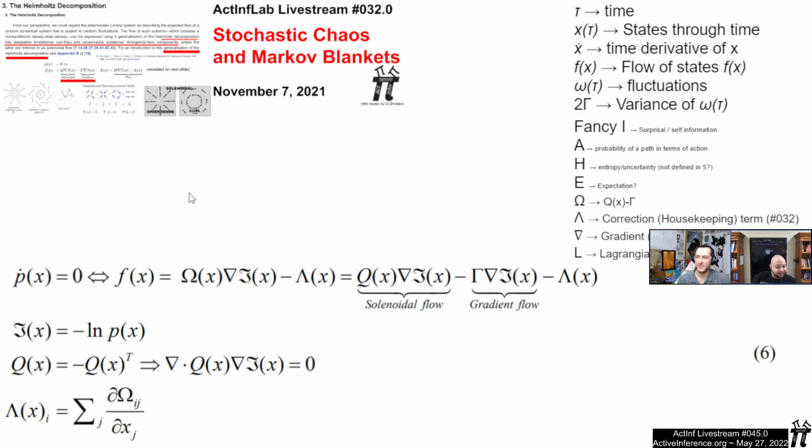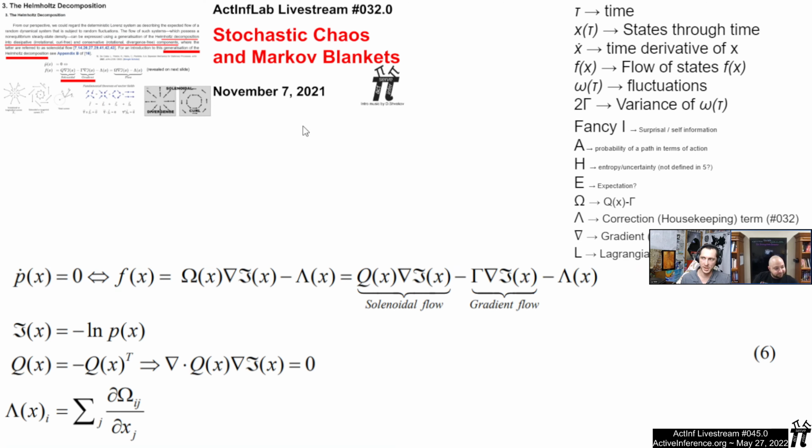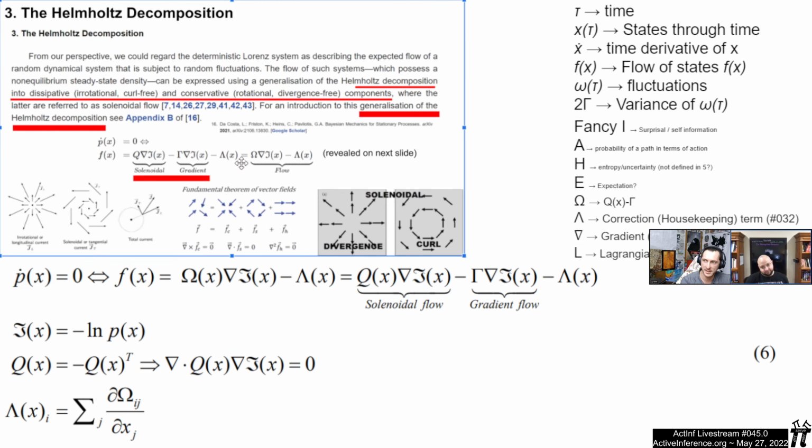In Formalism 6, we're going to go into it, hopefully, in the discussions, but just in live stream number 32 on stochastic chaos and Markov blankets, just to show where these similar equations were represented.